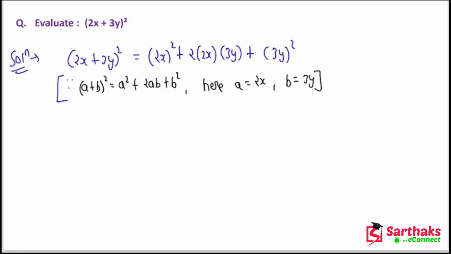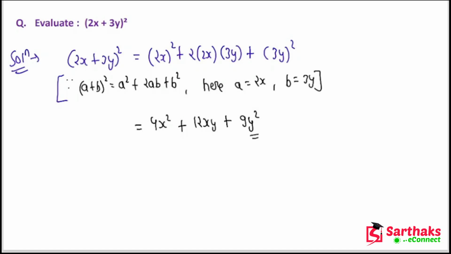So you can clearly see (a plus b) whole square would be like this. So the final answer would be (2x) square, that is 4x square, 2 into 2, 4 into 3, it will be 12, x into y, xy, plus (3y) square, that is 9y square. So it will be 4x square plus 12xy plus 9y square. So that is the use of (a plus b) whole square.